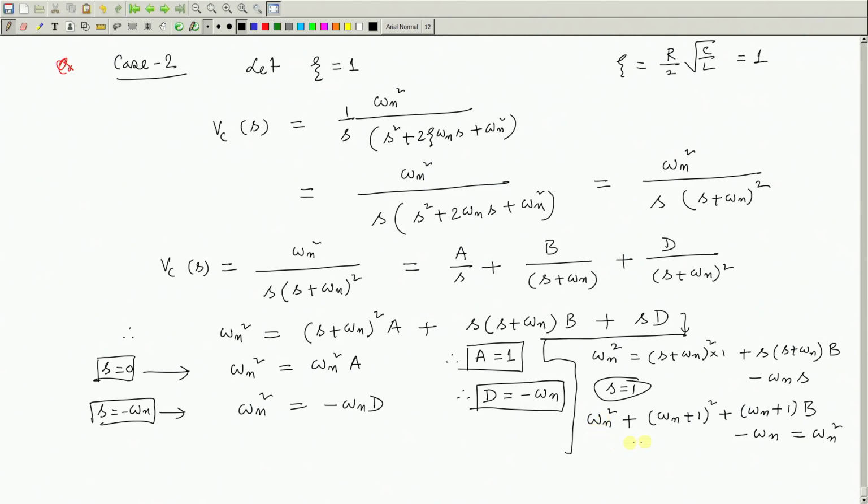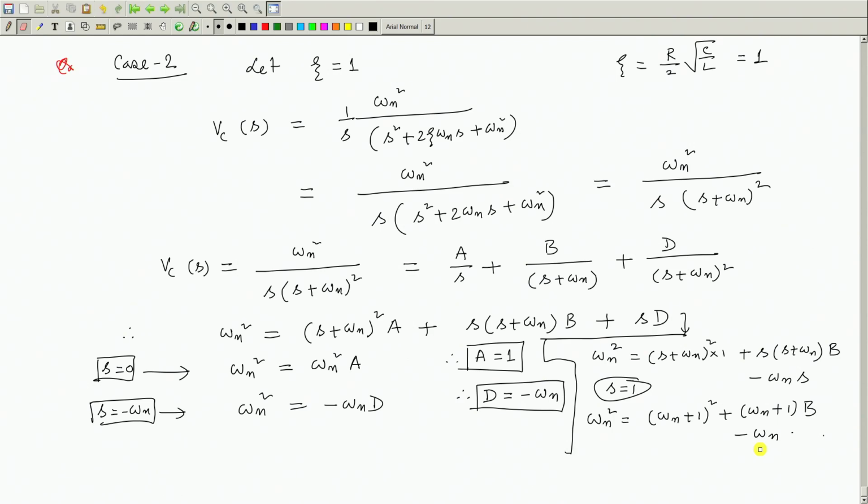I have already written the right hand side first. So, it will be omega n square equal to this. Is that clear? So, these are the three terms.